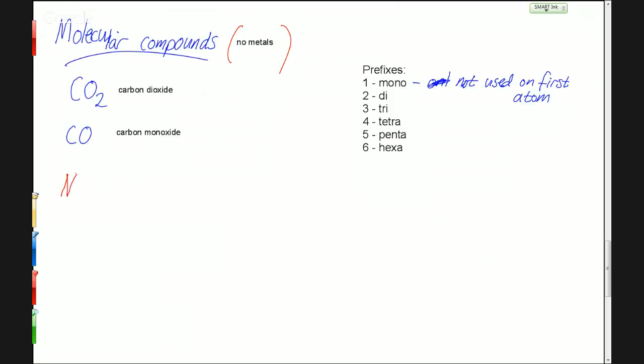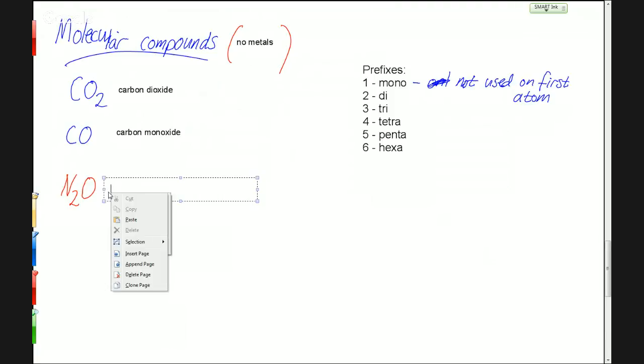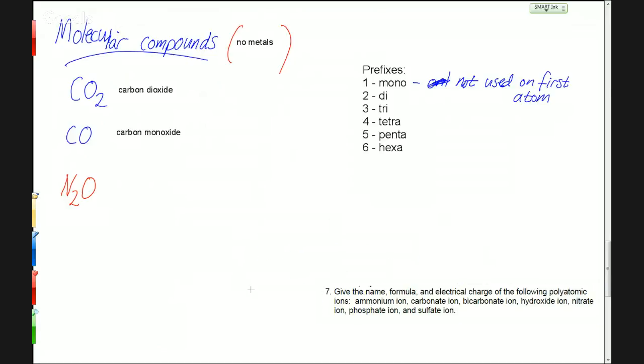All right, what about N2O? How'd you name that one? Yeah, exactly.